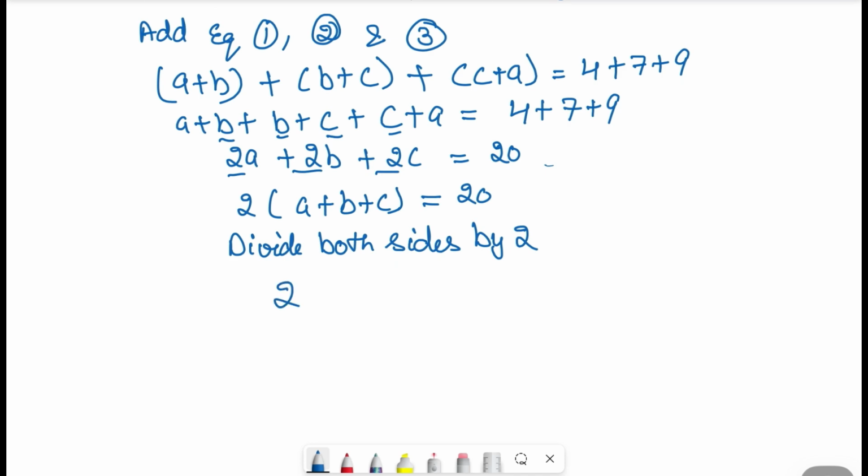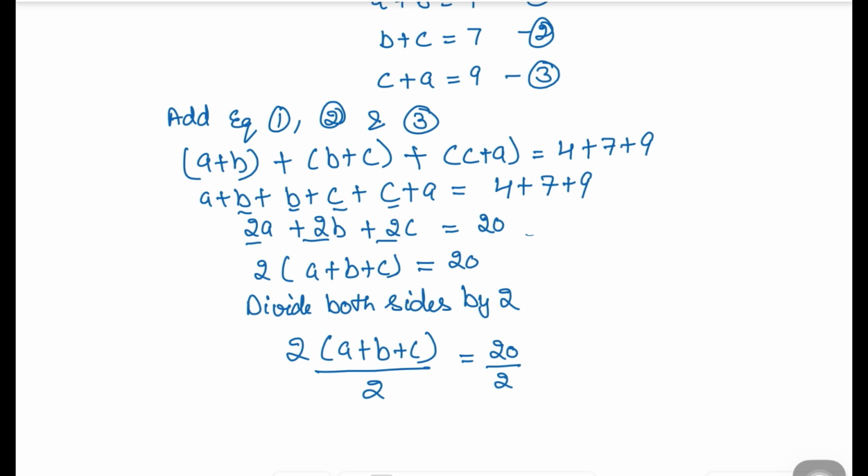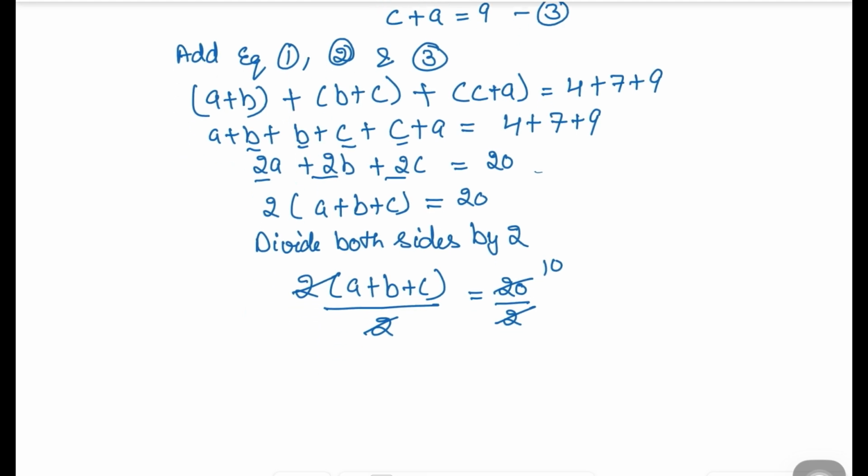So 2 times (a plus b plus c) divided by 2 is equal to 20 divided by 2. The 2 on the left hand side will cancel out, and 20 divided by 2 gives 10. So now the equation simplifies to a plus b plus c is equal to 10.